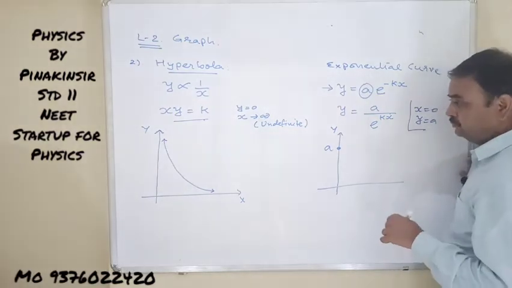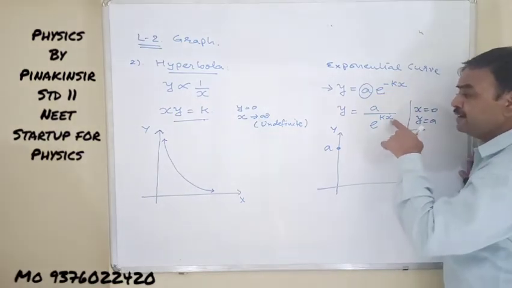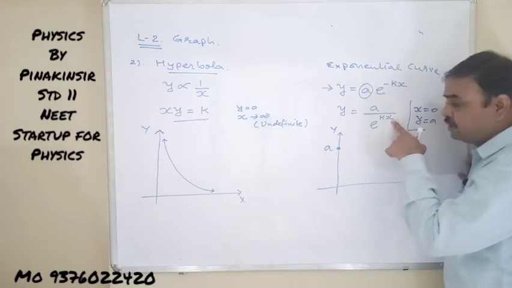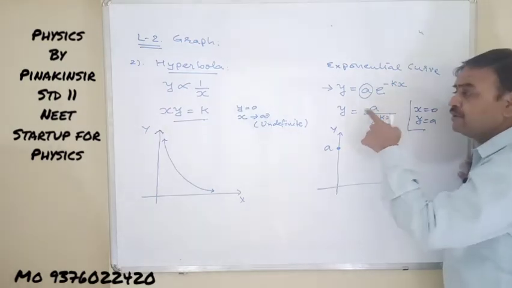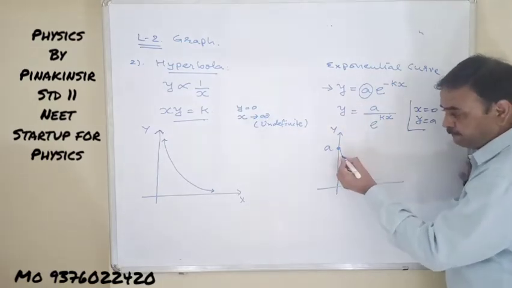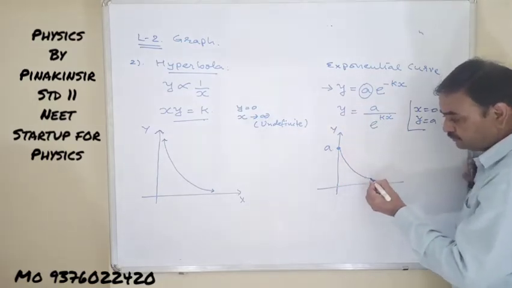If we substitute x is equal to infinity, that is a very large number, then we can say that y will tend to 0. The graph will look like this.